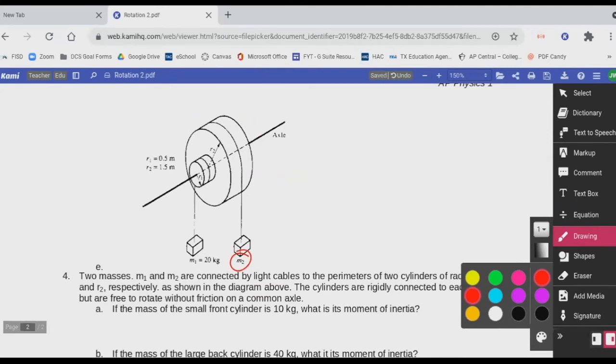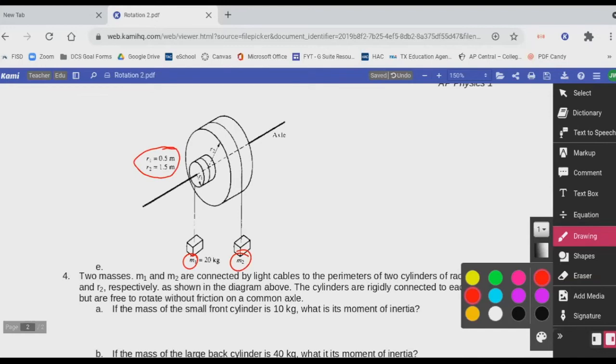Then there's a smaller cylinder to the left that has a thread wrapped around it, and on the back side hangs M1. They do give us the radius of the two cylinders, and these two cylinders are gorilla glued together. They're not going to slip from one another. They're totally adhered to each other, but they can freely rotate on that axle that's drawn through them.